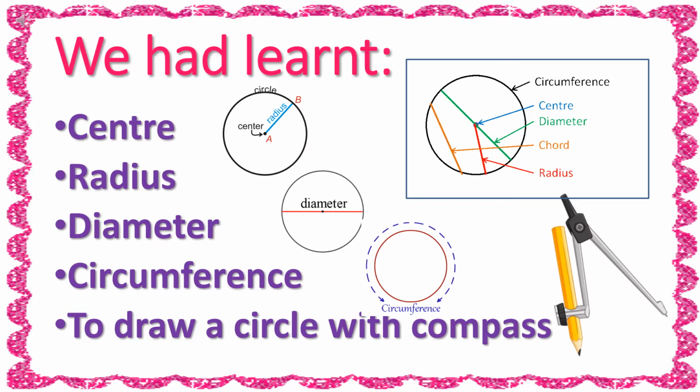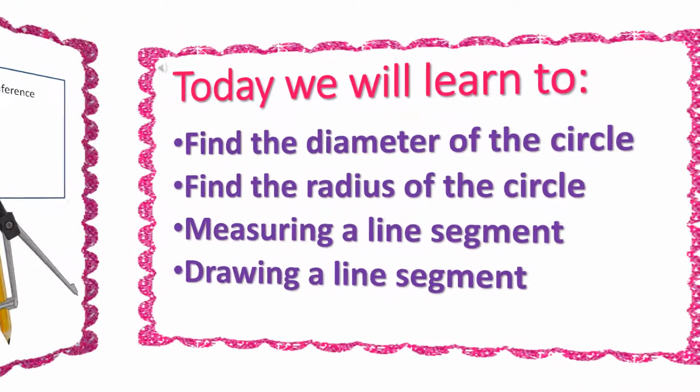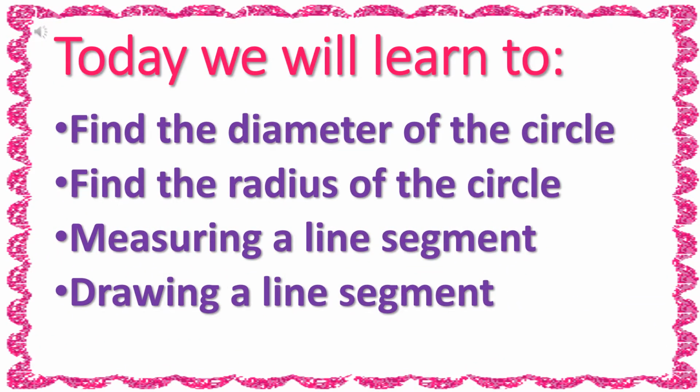And we had also learned to draw a circle with the help of a compass. And today we will learn to find the diameter of the circle, find the radius of the circle, measuring a line segment, and drawing a line segment.